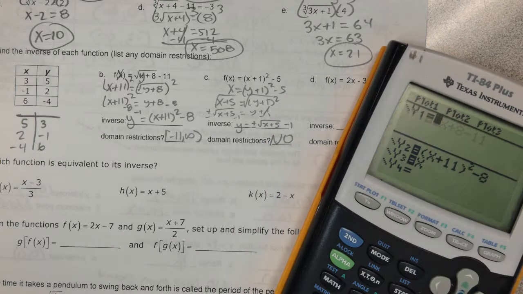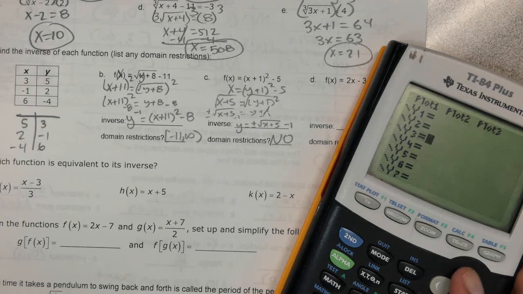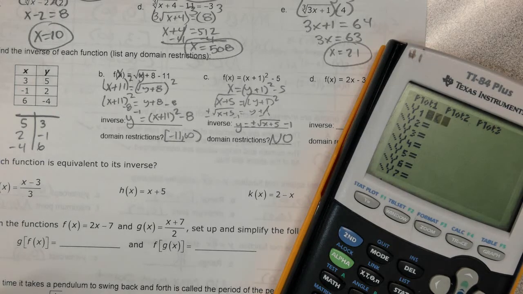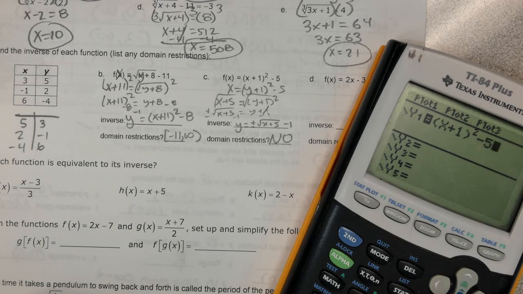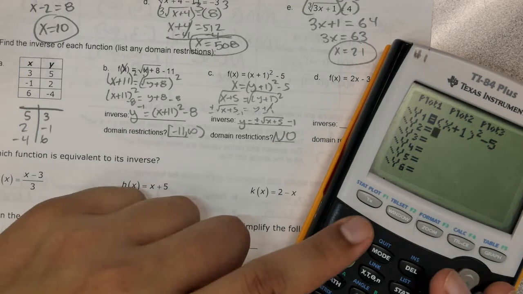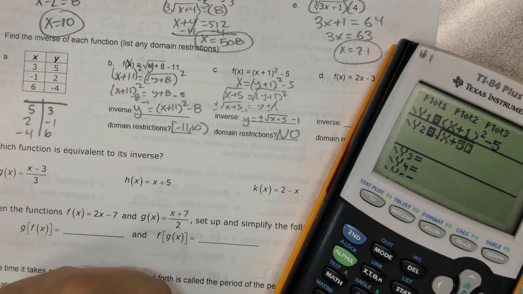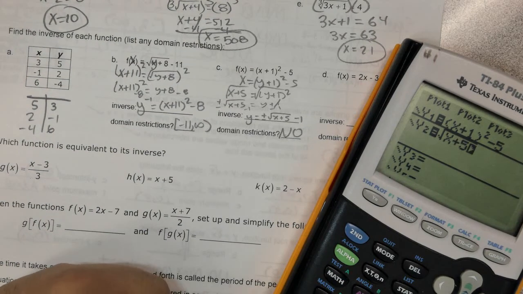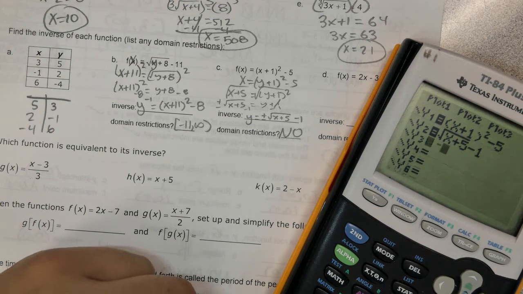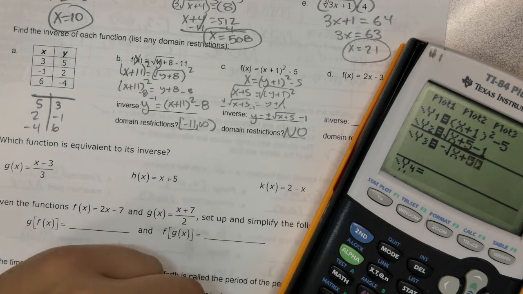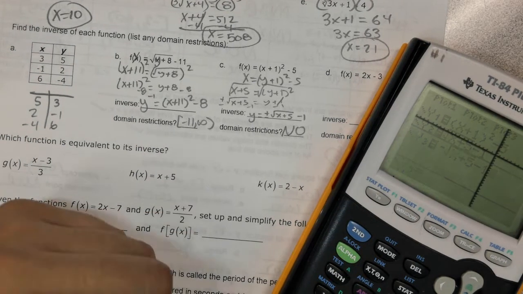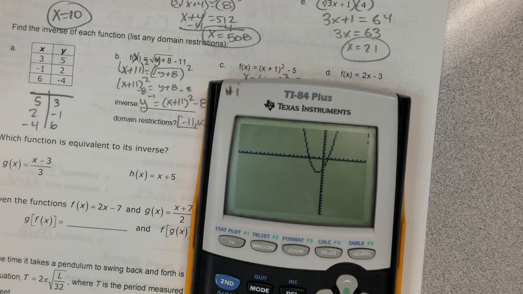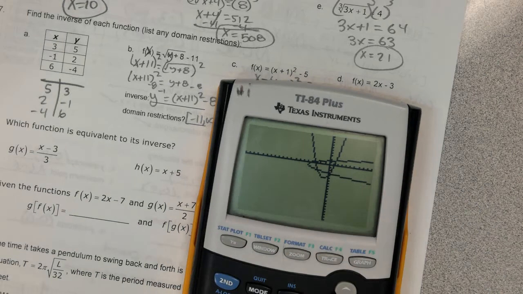When we graph the inverse, it makes a whole parabola. So here I don't need a domain restriction, so that's good.